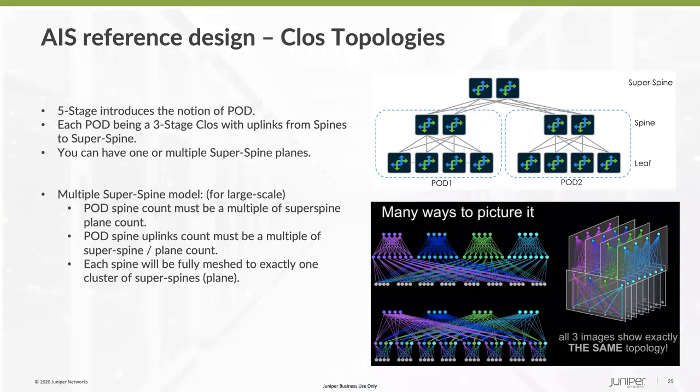Speaking about reference design, I think we mentioned it a little bit on Tuesday by Mutu, but Apstra comes with some predefined functionality. What we can do is a 3-stage class or a 5-stage class. In the 5-stage class, as you can see on the right, that's where we introduce super spines.